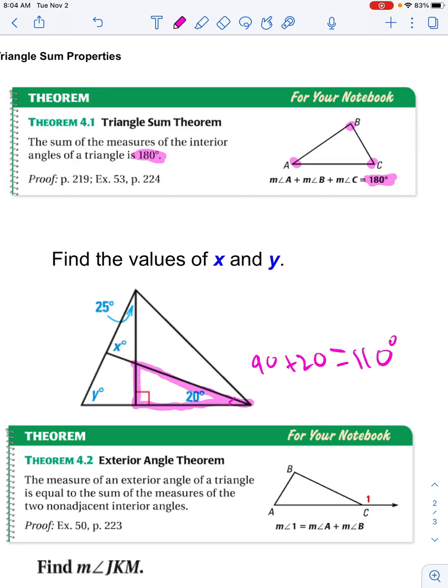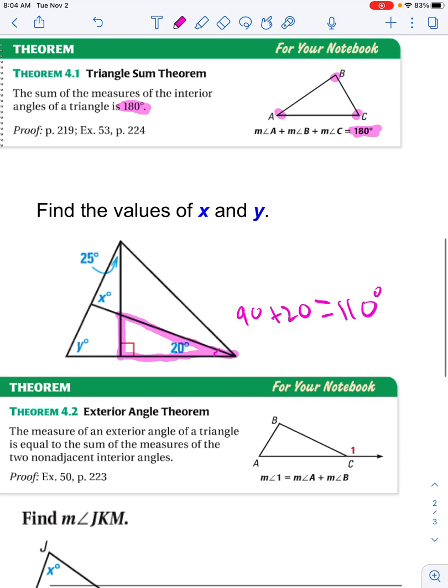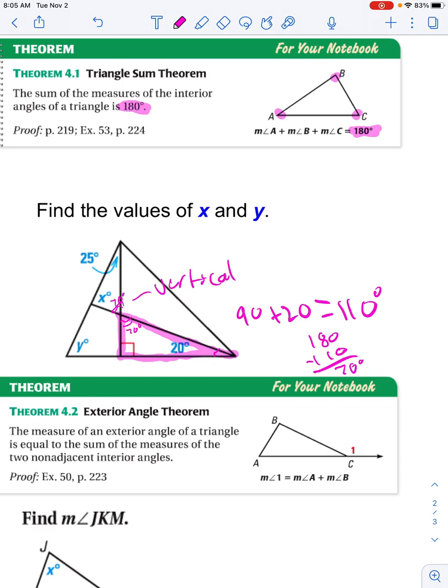That tells me I've used 110 degrees of this triangle, and if triangles always use 180, I only have 70 degrees left for this last angle right here, 70 degrees. Now, if this angle is 70 degrees, this angle also has to be 70 degrees because they are vertical angles, okay? Vertical angles are always congruent.